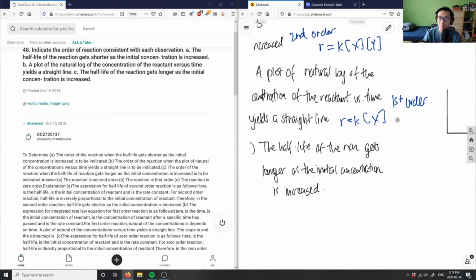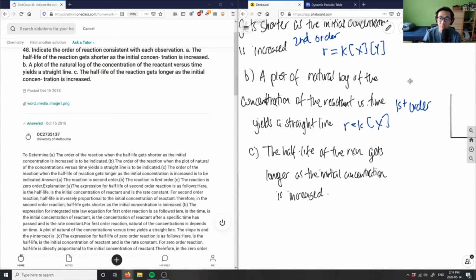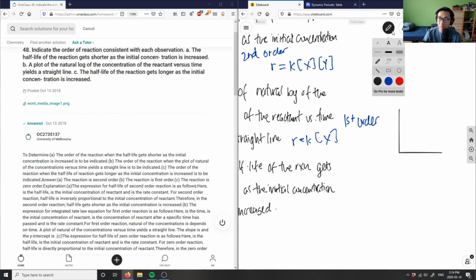It says the plot of natural logarithm of concentration versus time, right? So this here would be ln X, and this here is T. And as you can see, it's going to be a straight line. I should probably use my line tool here. It's going to be straight down, right? So this here would be a first order type of reaction.